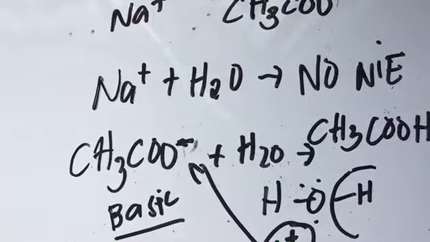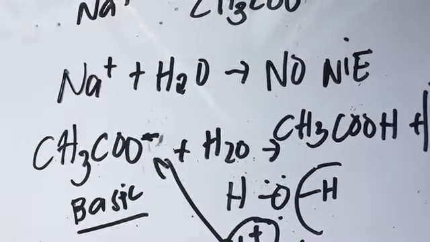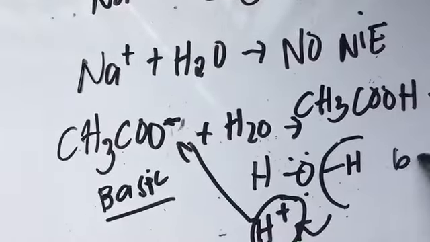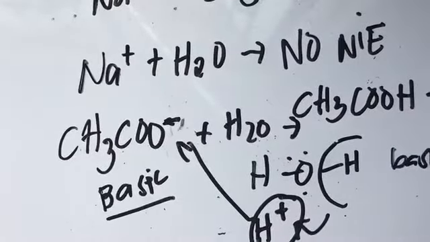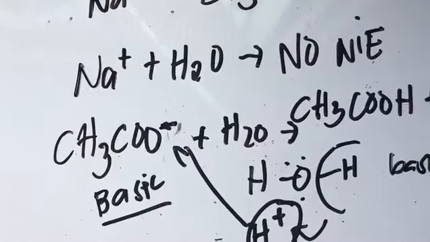CH3COOH plus OH. So, nag-form siya ng OH. So, ibig sabihin, that is a basic. Kaya nga, ang salt natin na to is a basic salt. Kasi nag-form siya ng OH.